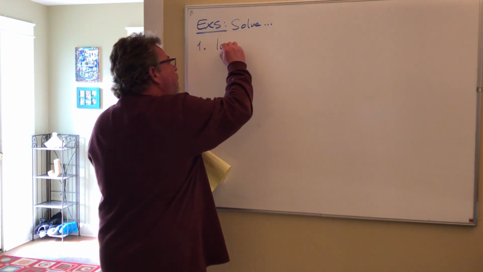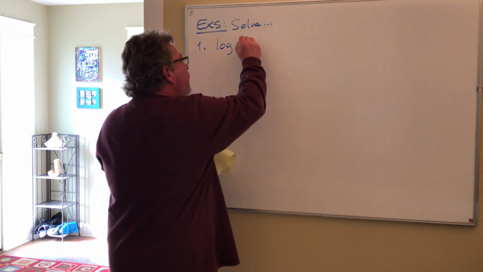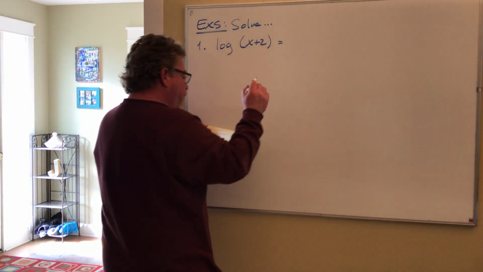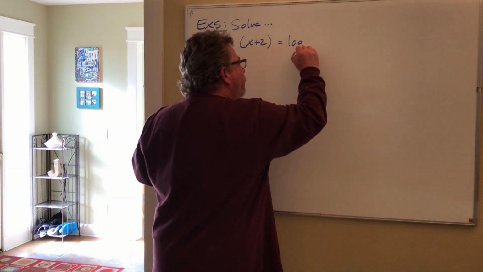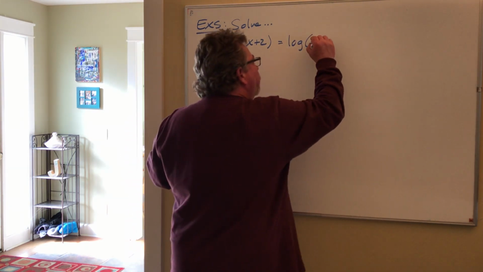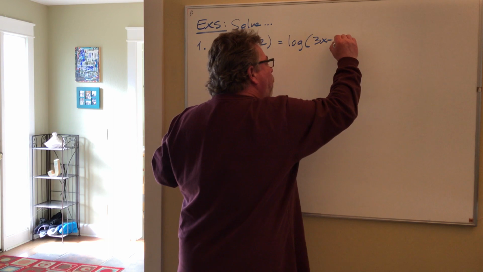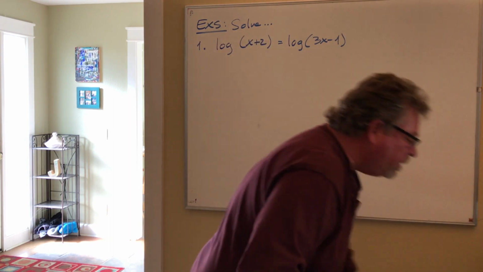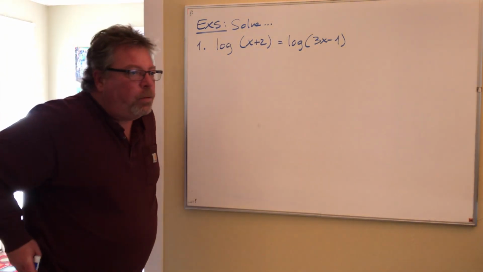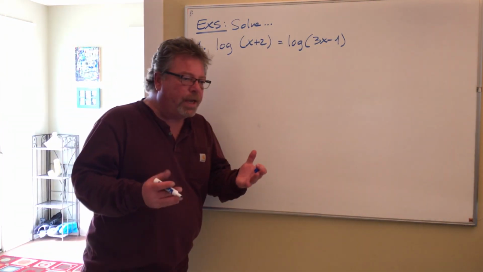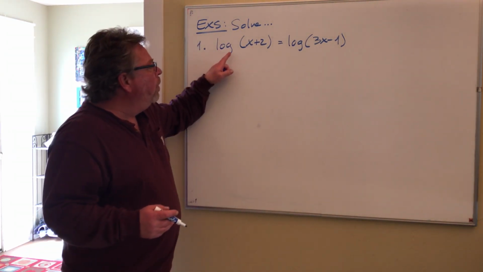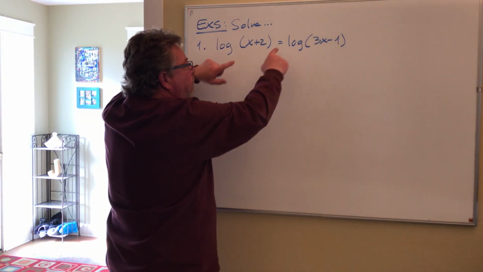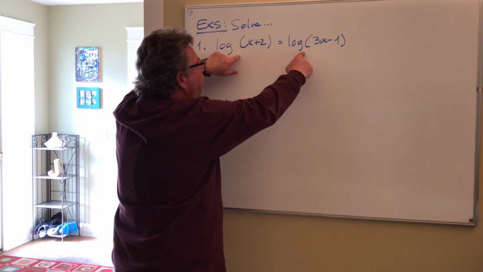So let's take the logarithm of x plus 2 is equal to the logarithm of 3x minus 1. And this is actually a really basic logarithmic equation. It falls right into that first category where we have, this is logarithm base 10, right? So we've got log equals log, the bases are the same.